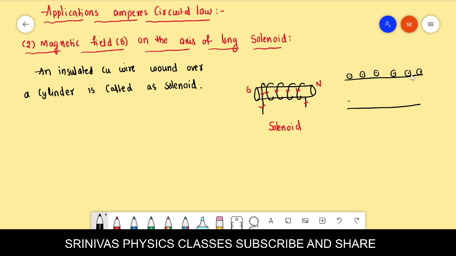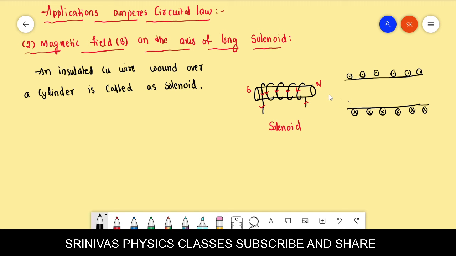And if you go to the bottom, the current is entering into the paper, into the plane. This we take as a cross, you know very well.